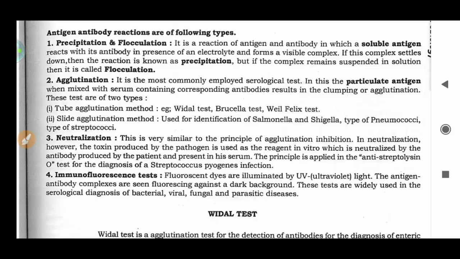The principle is applied in the anti-streptolysin O test for the diagnosis of Streptococcus pyogenes infection.